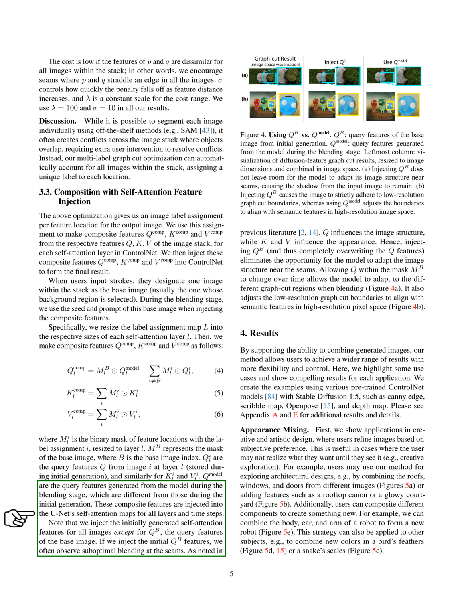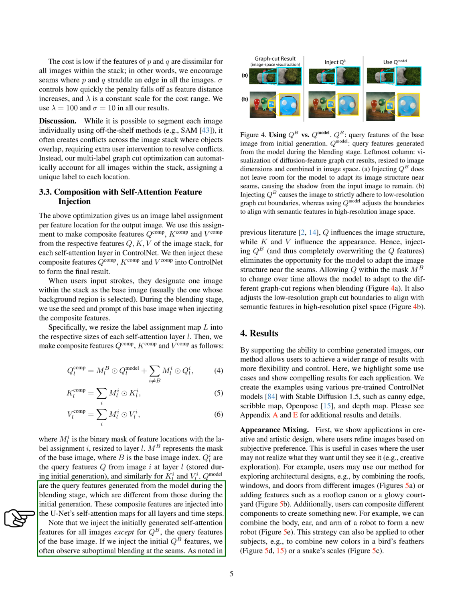Hence, injecting $Q_B$ and thus completely overriding the $Q$ features eliminates the opportunity for the model to adapt the image structure near the seams. Allowing $Q$ within the mask $M_B$ to change over time allows the model to adapt to the different graph cut regions when blending, Figure A. It also adjusts the low-resolution graph cut boundaries to align with semantic features in high-resolution pixel space, Figure B.